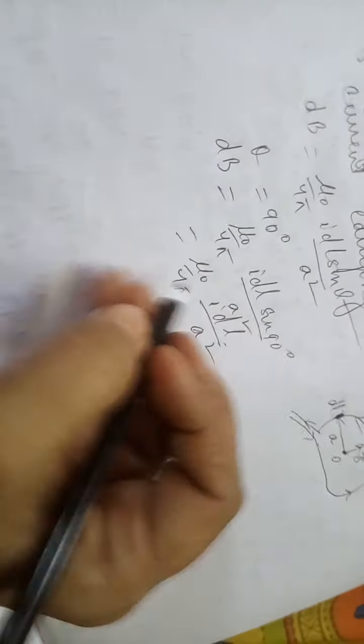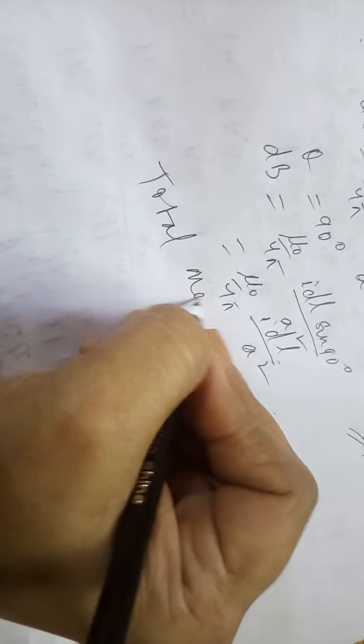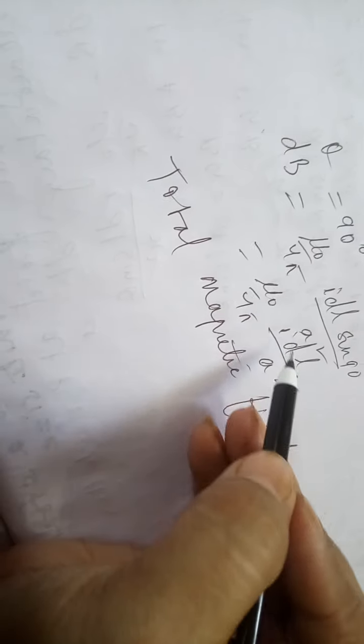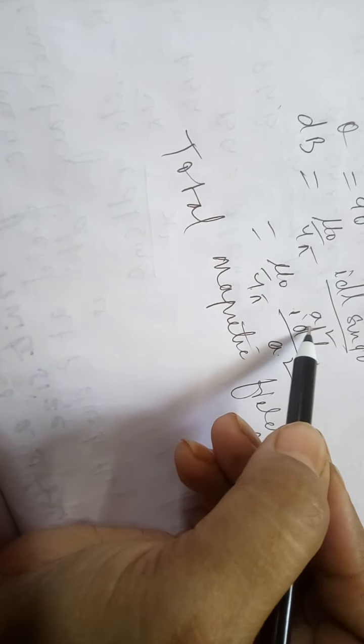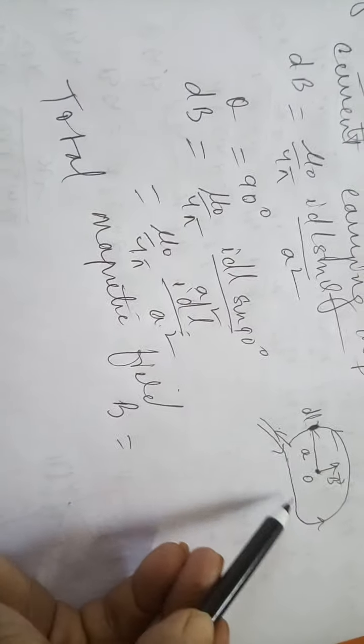Now what exactly do we need to find out for the whole circle? We need to find out the total magnetic field. We get B equals summation of what? This whole μ0 by 4π is constant, I is constant, and a² is constant. So we need to find out the complete value of dl, the elementary length, and the complete length is the circumference.